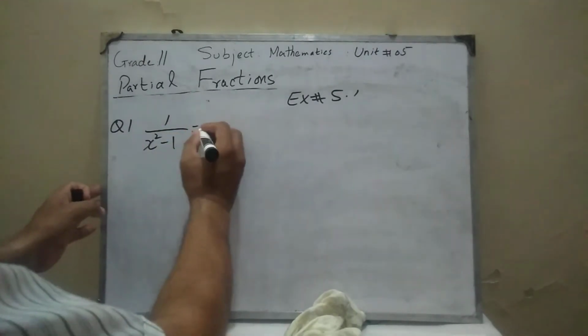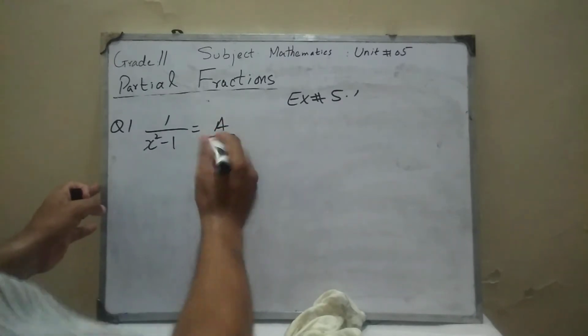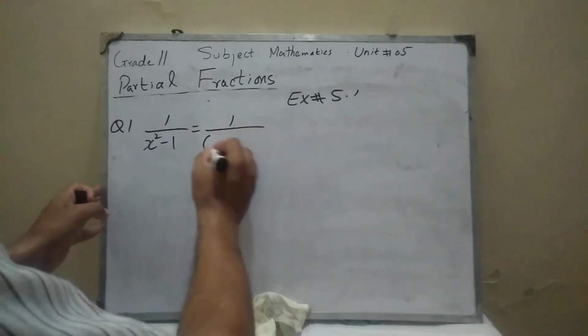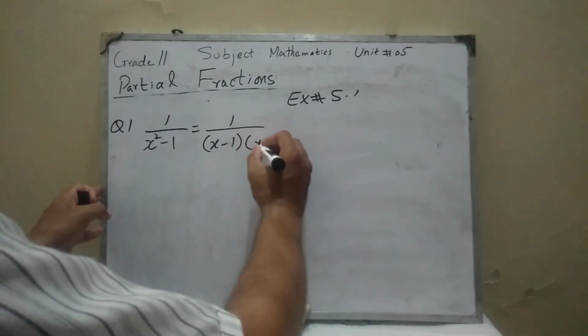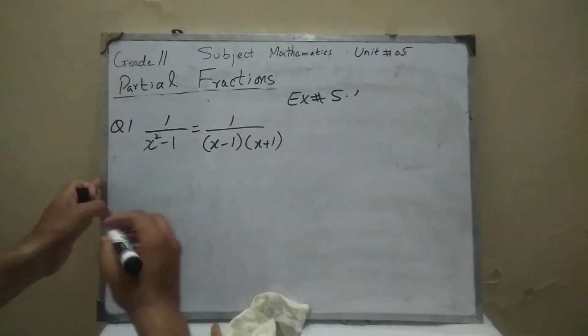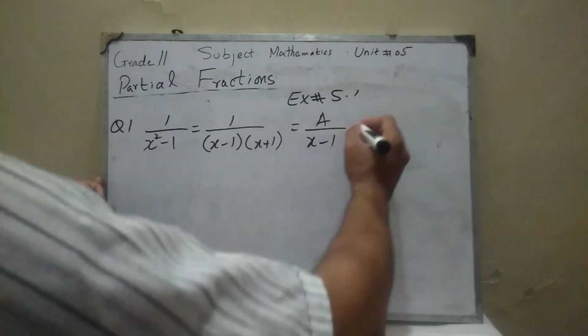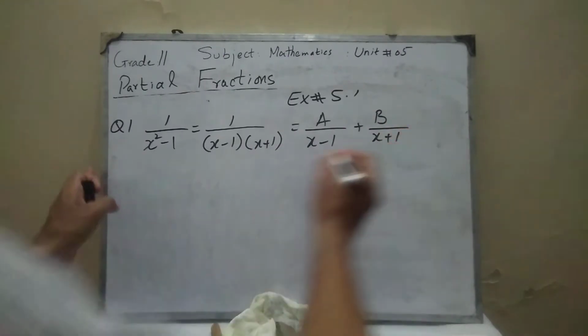Now this can be written as, first of all, I can write this as (x minus 1) into (x plus 1). It can be further written as a by (x minus 1) plus b by (x plus 1).